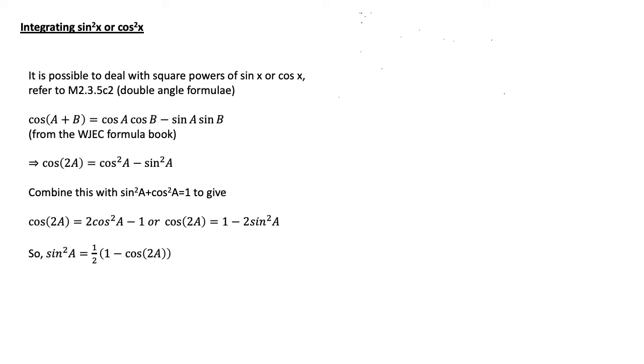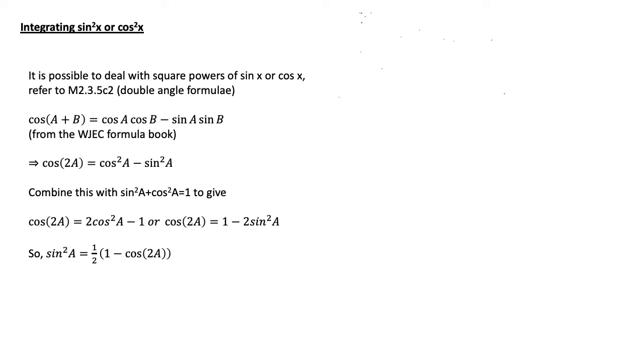Now, if I look at the second one, if I rearrange that, the moment I've got cos 2A is equal to 1 minus 2 sine squared A, so therefore if I twiddle things around, it doesn't matter how I do it, I could actually multiply everything through by minus 1 to make that positive sine squared. If I wanted to, I could swap it onto the other side if I choose to do so.